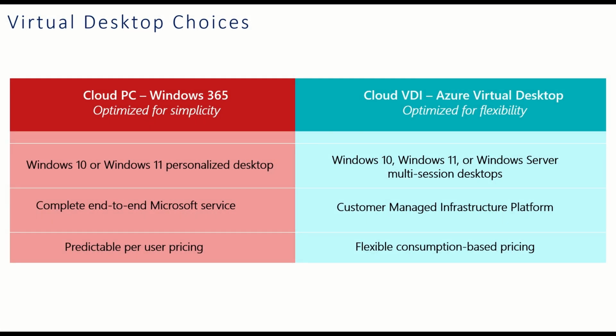In terms of the virtual desktop choices, here is the comparison chart from a high-level perspective. From the Windows 365 perspective, you have the native capability to deploy Windows 10 and Windows 11 personalized desktops. You can license the user as per the device you want to deploy to that user, from the CPU all the way to the RAM and SSD storage amount.